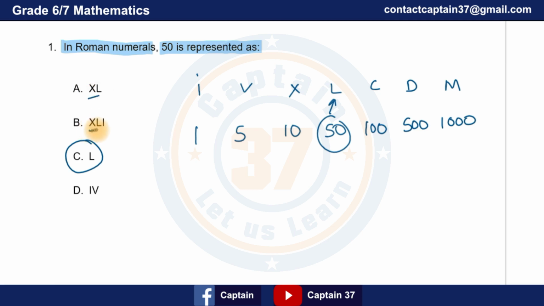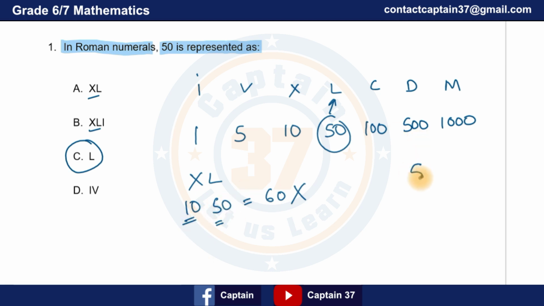How about this one? What do you think it stands for? Let's start with this one and write it here. XL. We know that X stands for 10 and L stands for 50. Does this mean this is going to be 60? No. When a smaller number is written on the left of a bigger number, you subtract the smaller number from the bigger number.